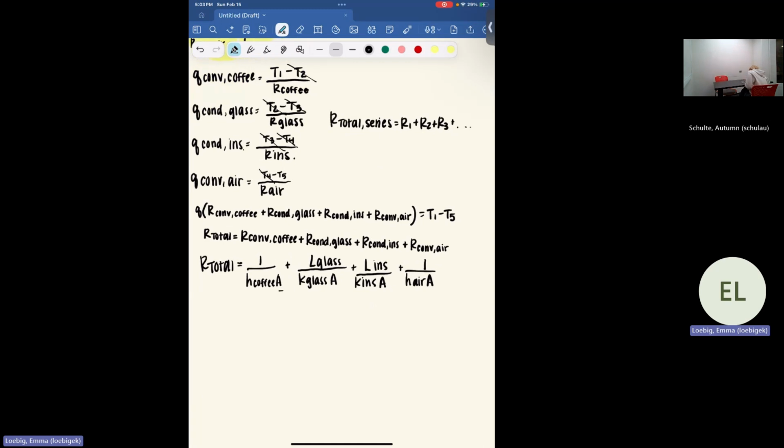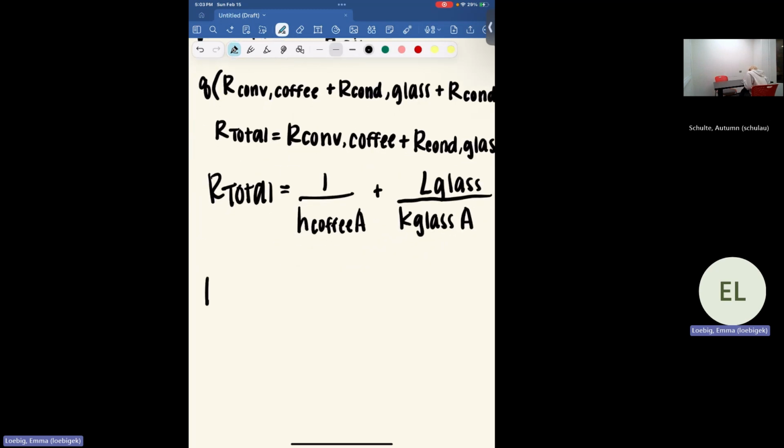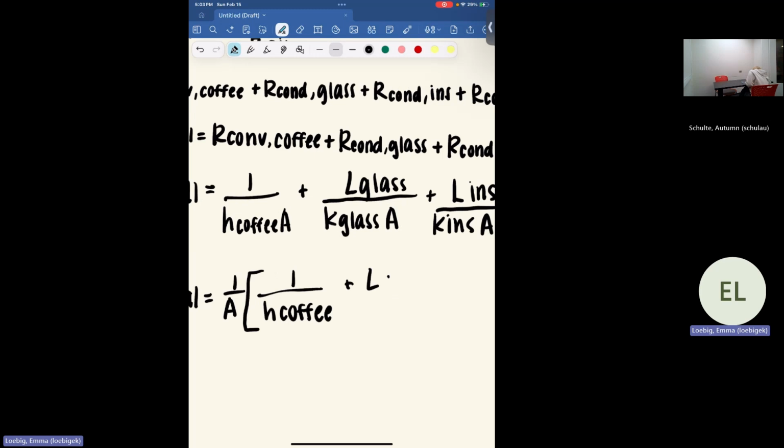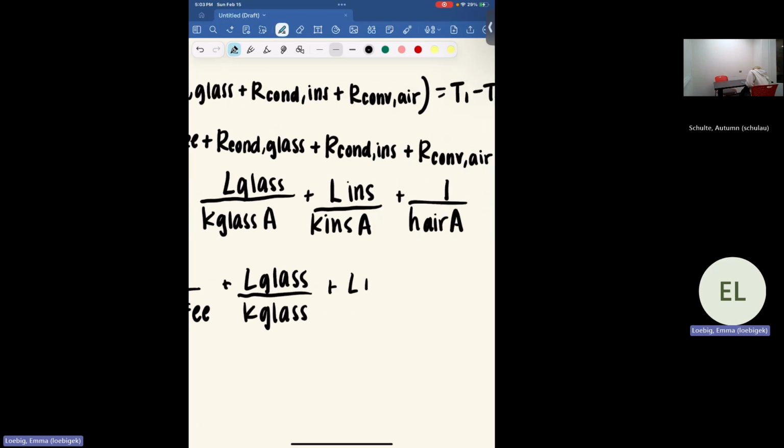And as we can see, we have this constant area term that can be taken out of our equation. So we're going to have our total is equal to 1 over our area multiplied by 1 over the heat transfer coefficient for coffee, plus the thickness of the glass divided by the thermal conductivity of the glass, plus the thickness of the insulation divided by the thermal conductivity of the insulation, plus 1 over the heat transfer coefficient for air.